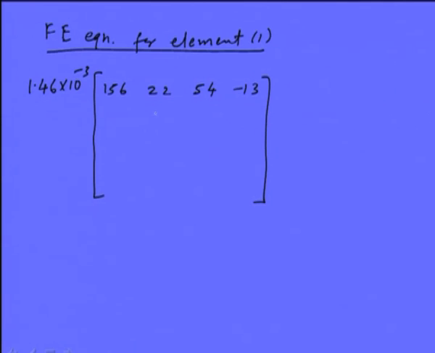Instead of variables we are keeping all the values. Because this matrix is symmetric, I am not writing the full matrix.